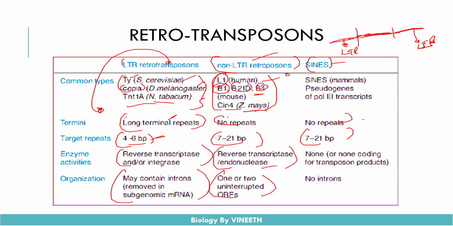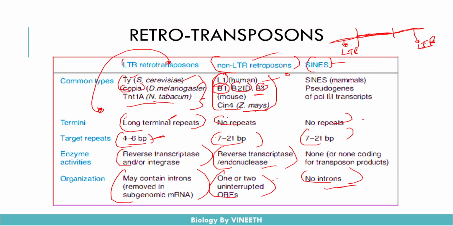Okay, and one or two uninterrupted ORFs, open reading frames, which don't code for any kind of proteins but are just regarded as ORFs, open reading frames, or gene sequences. And SINEs don't contain any kind of introns.